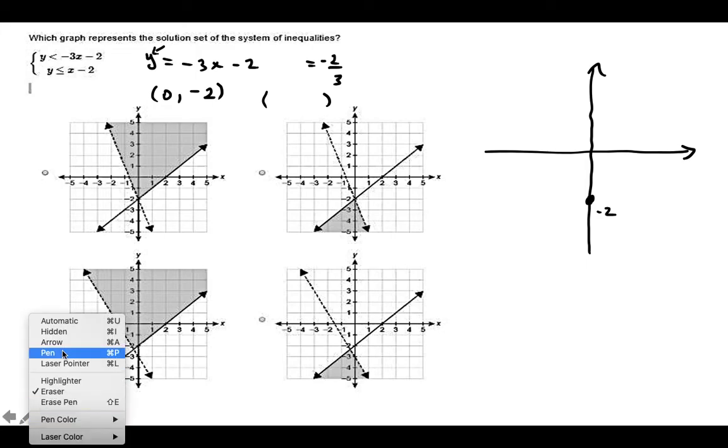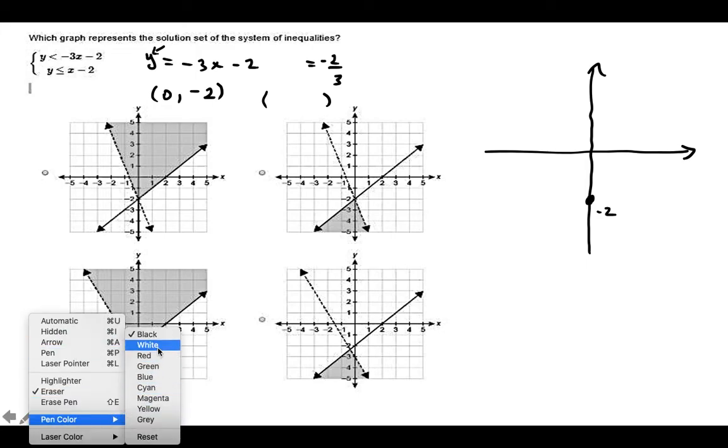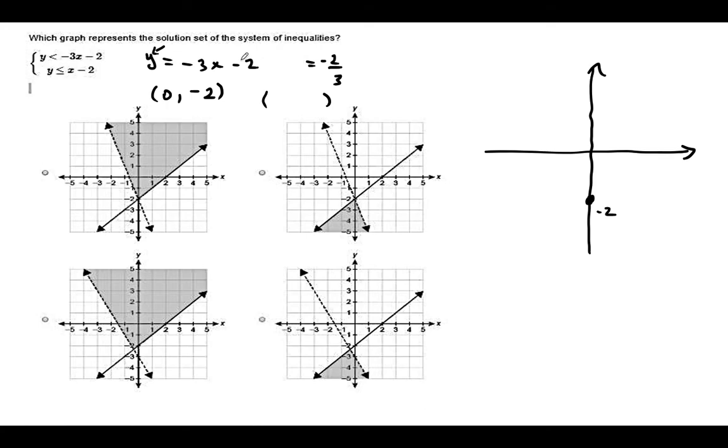We have calculated this one. When y is 0, what is x? We said y is 0 here and x is negative 2 over 3. So where is negative 2 over 3? Let's say approximately here. X is negative 2 over 3 and y is 0. And this is the dashed line.